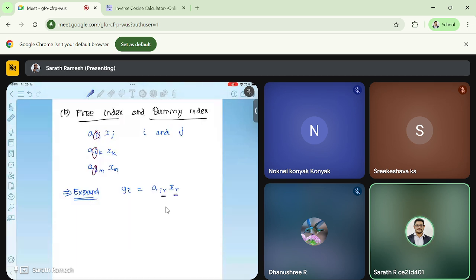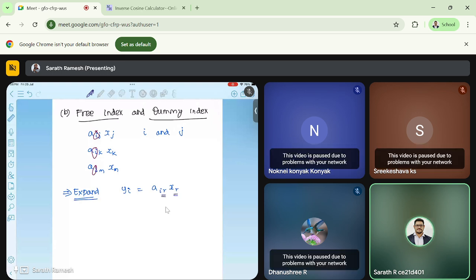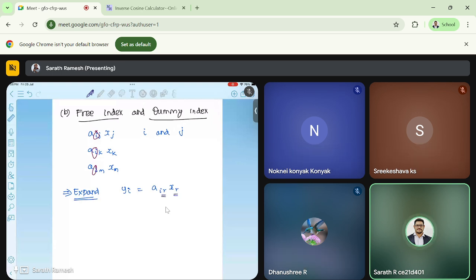The condition for a dummy index is that it should repeat 2 times on the same side of the equal to sign. This is the equal to sign, this is the condition.